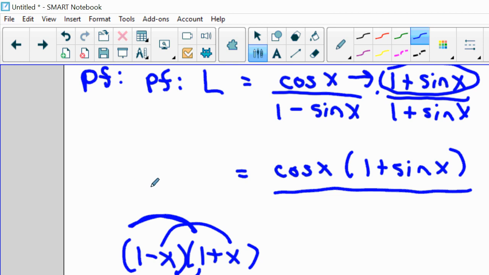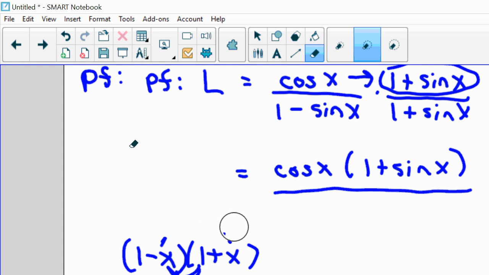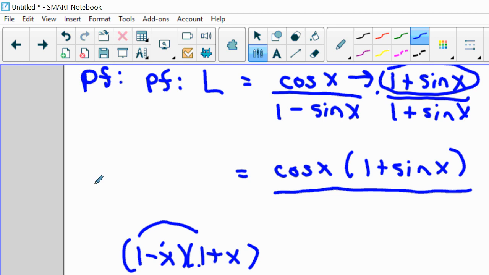The outer is x, the inner is minus x. The last is minus x squared. The outer and inner cancel. So when you've got conjugates, it's not really a FOIL. It's an FL, first, last. That's all you have. So it's just 1 minus sine squared x.